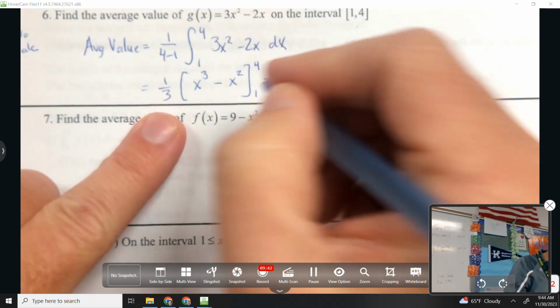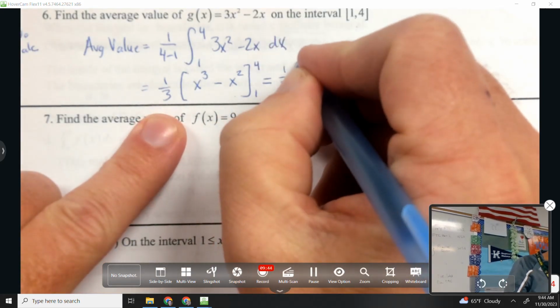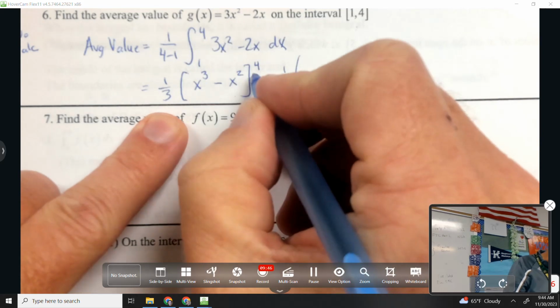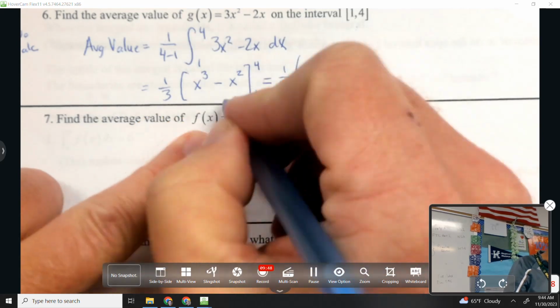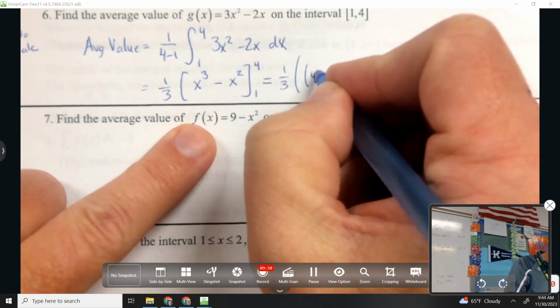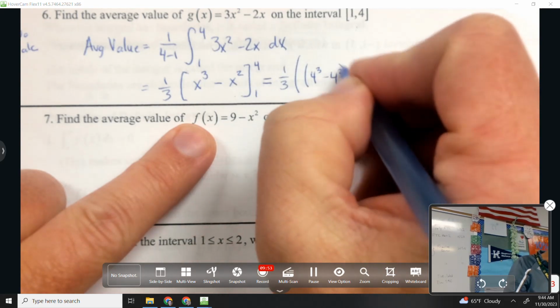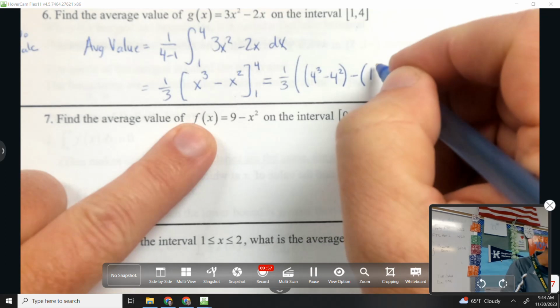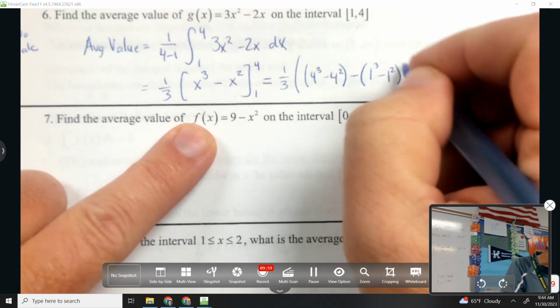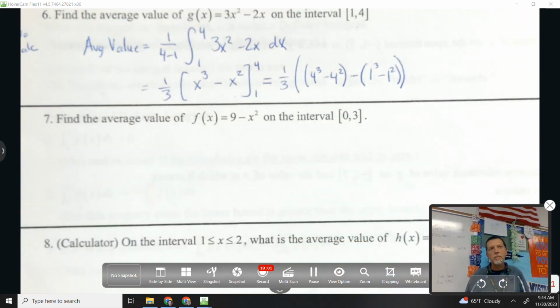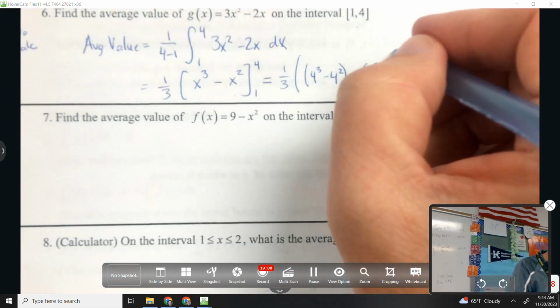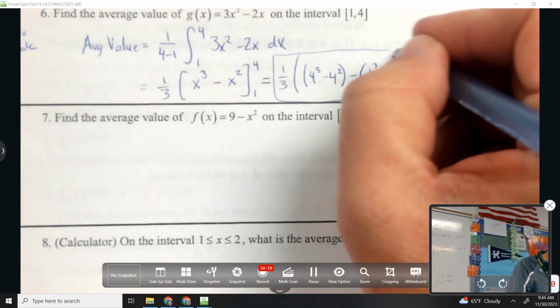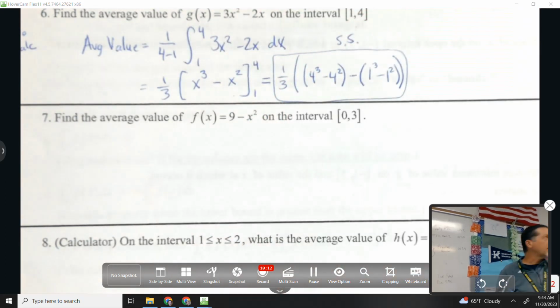So we need to plug in the 4 and the 1, and then we can be done, although we need to be super careful with parentheses and minus signs. 4 cubed minus 4 squared, minus 1 cubed minus 1 squared, to make sure the 1/3 goes to all of it. So be careful with parentheses there. That is a safe stop. If you're worried about messing it up from there, box it up and be done.